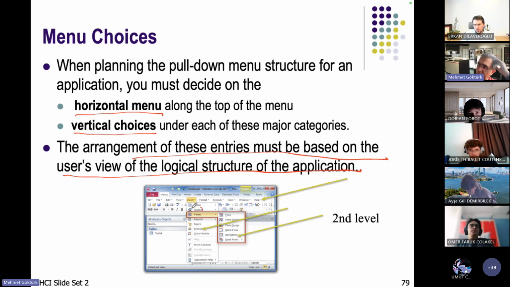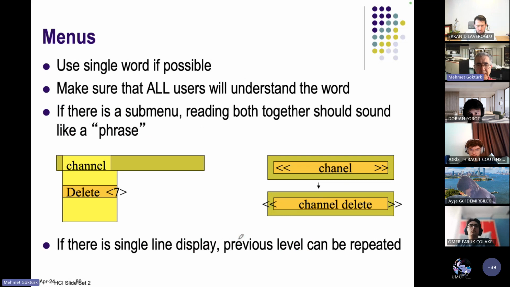This is what we call first level menu. This is what we call second level menu. So here the menu levels are two. First level, second level. In the menu, use the words that everybody understands.